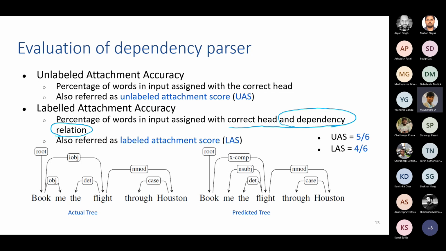For "me", there was no match with the head, so anyways we will not consider it. Among the remaining 5, "book" is connected to null parent with label root in both cases. So there is a match. For "the", it is connected with "flight" and the label is determiner. It's matching. So this is correct.